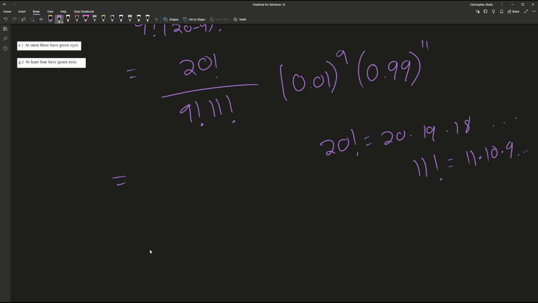You could write this as 20 times 19 times 18 times 17 times 16 times 15 times 14 times 13 times 12 over 9 factorial. But I think that that's a little bit too much to write.